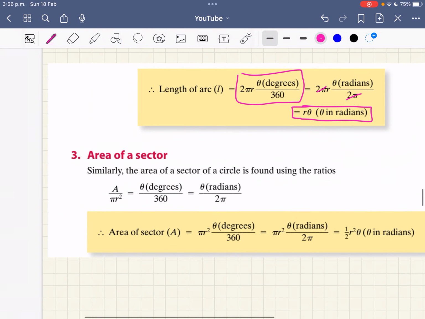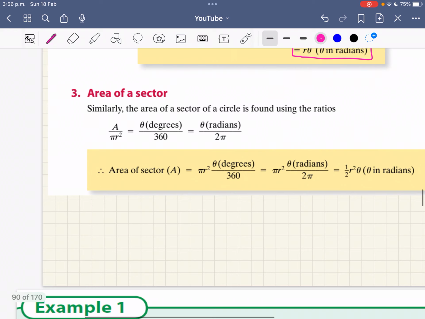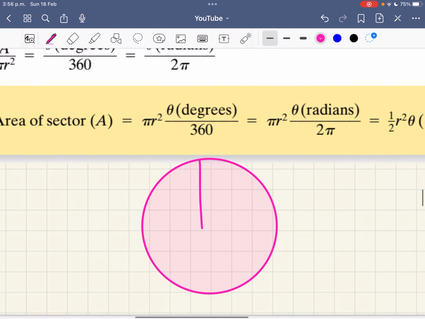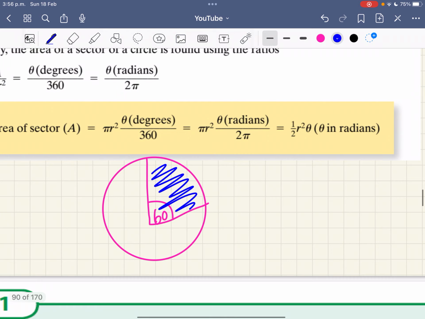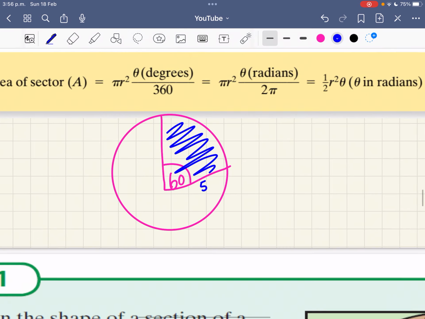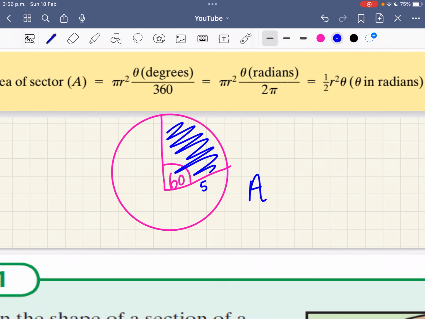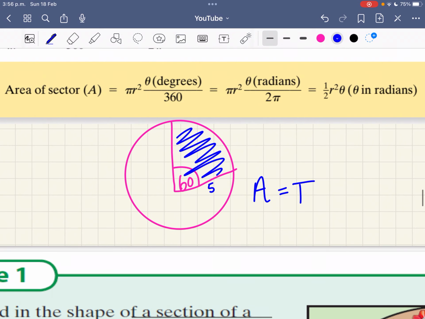Area of a sector. Well, the area formula is pi r squared, and again, we don't have the whole circle. For example, if I want that 60 degrees, we want the area of this coloured in section here. If our radius is 5, the area of your sector is going to be pi 5 squared.